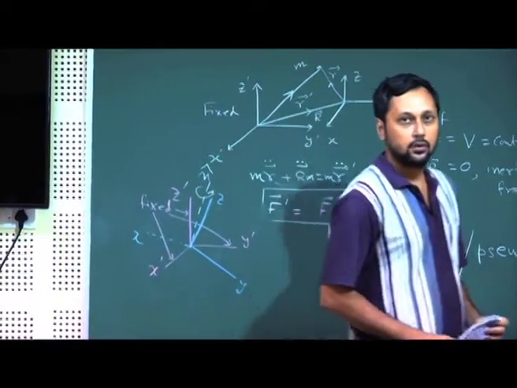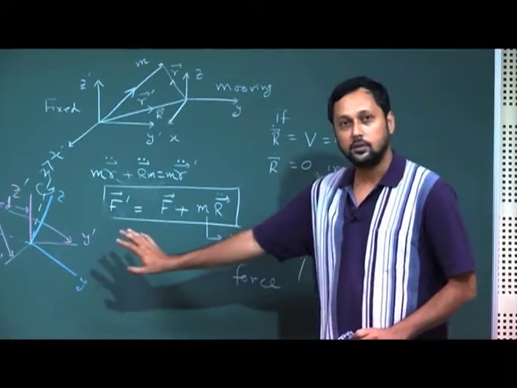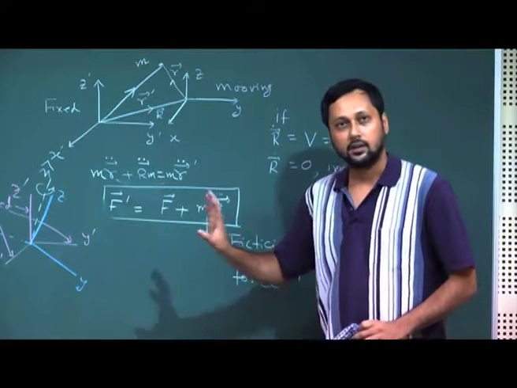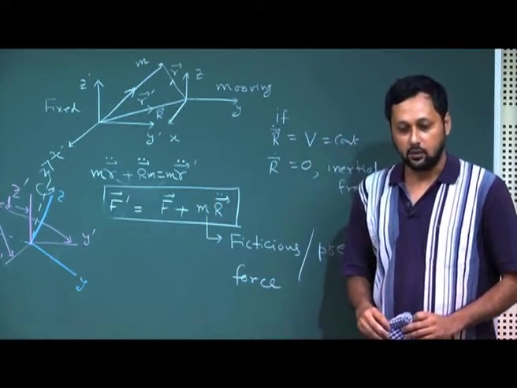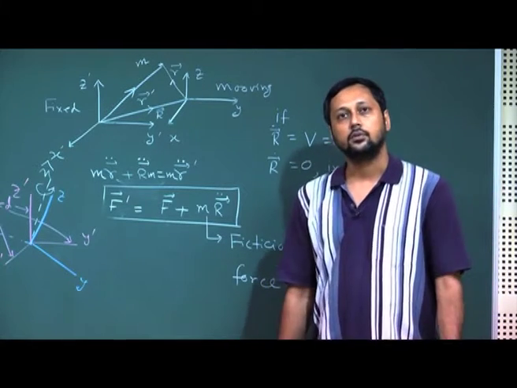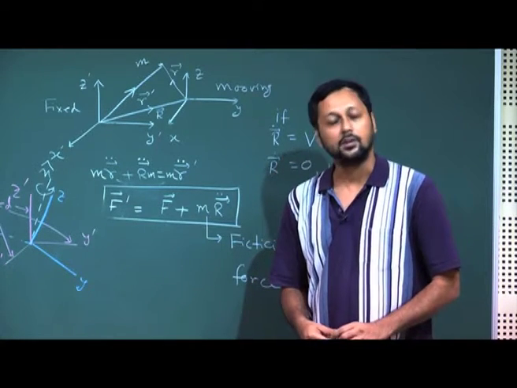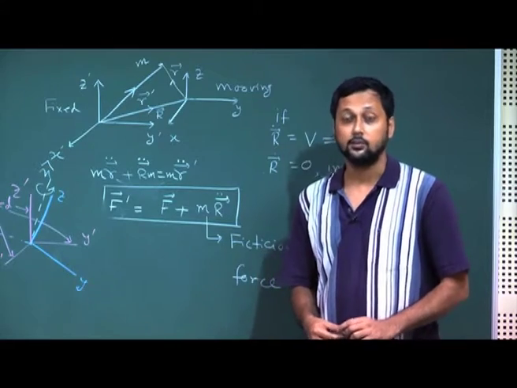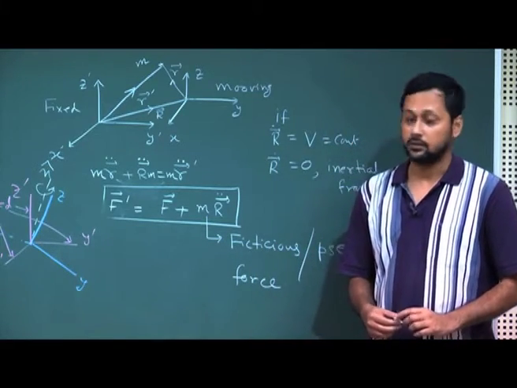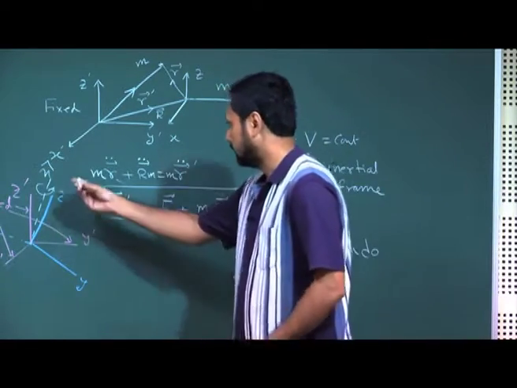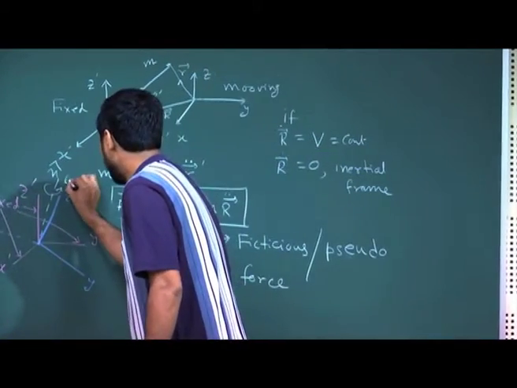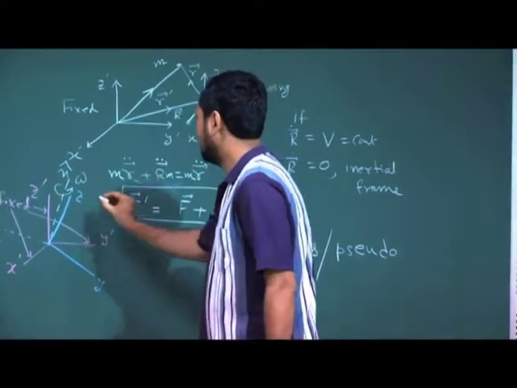So, this is the case of rotation. Now, let us assume a situation where the rotation is with a uniform velocity. Let us assume that the rotational velocity described here is omega, which is some kind of a constant.